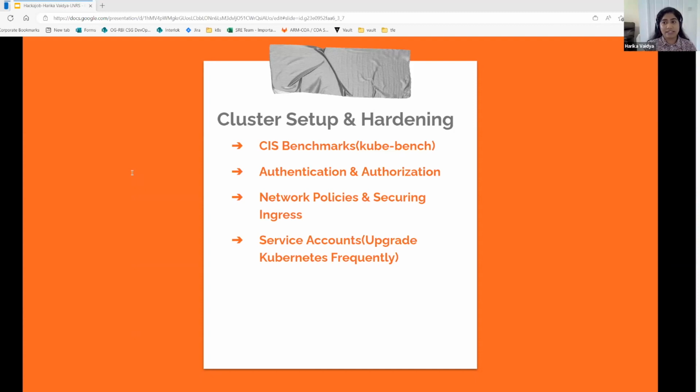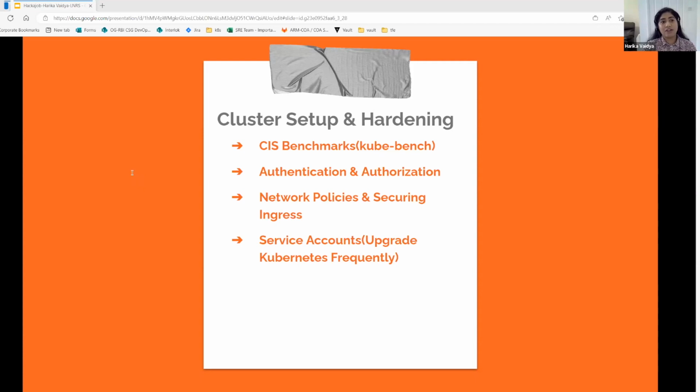As vulnerabilities are discovered and fixed, it's crucial to keep your Kubernetes environment updated to ensure that you're not exposed to any potential security threats. So in summary, by implementing all these measures, we can significantly improve the security of our Kubernetes environment.